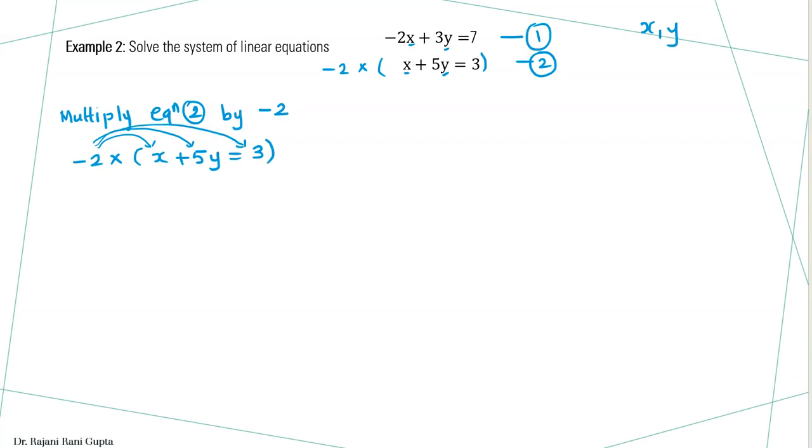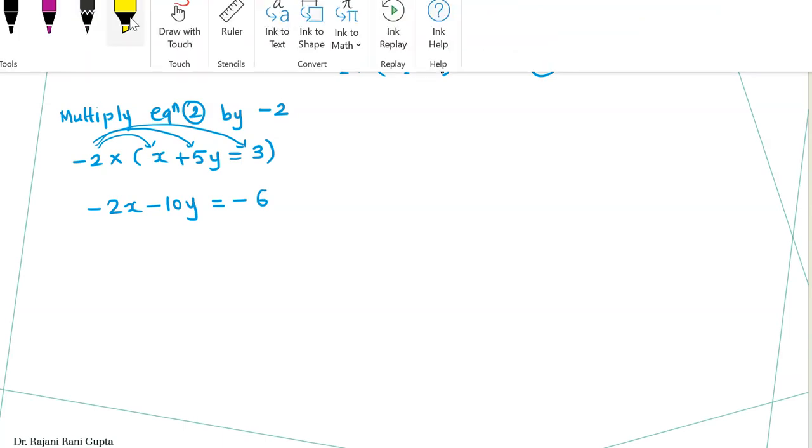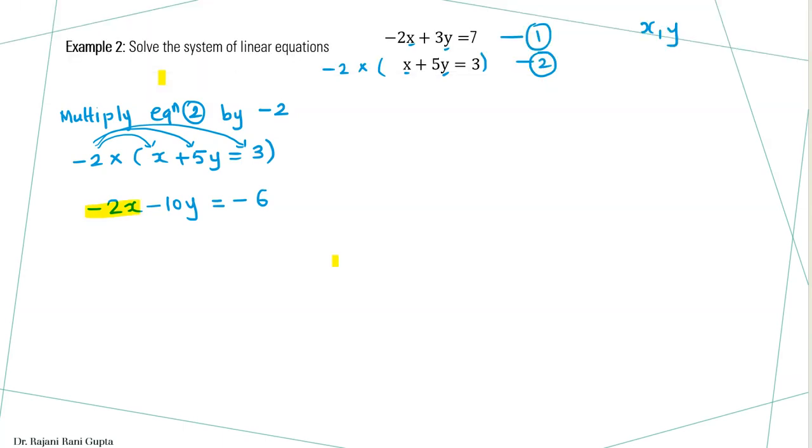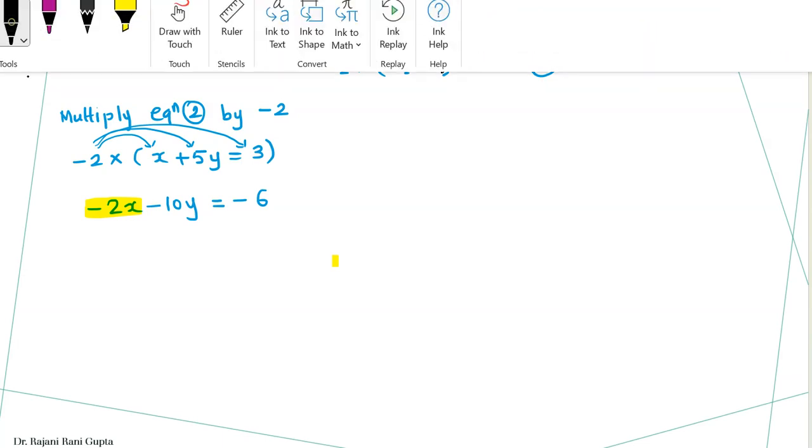So this gives you minus 2x, then minus 2 times 5 gives minus 10y, equal minus 2 times 3 gives you minus 6. So what you can see here now, the coefficient of x is minus 2. And also in equation number 1, it is minus 2. So let's do it now.